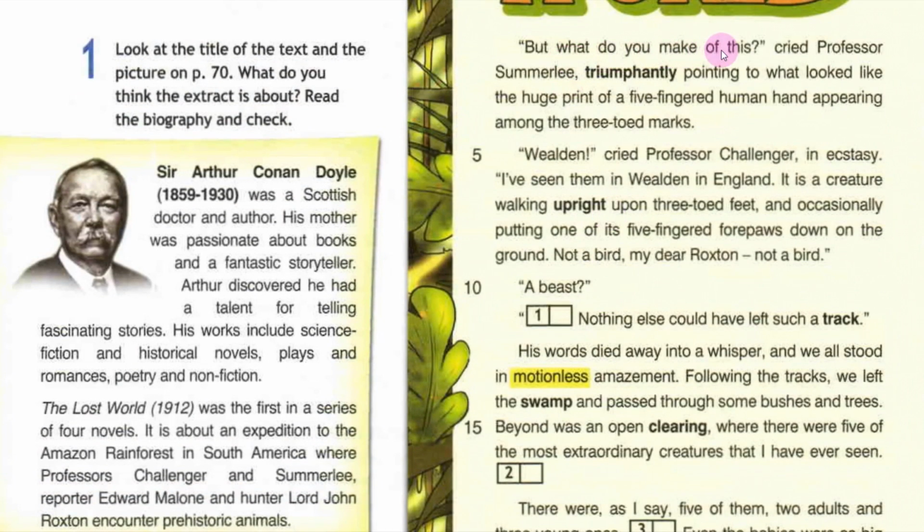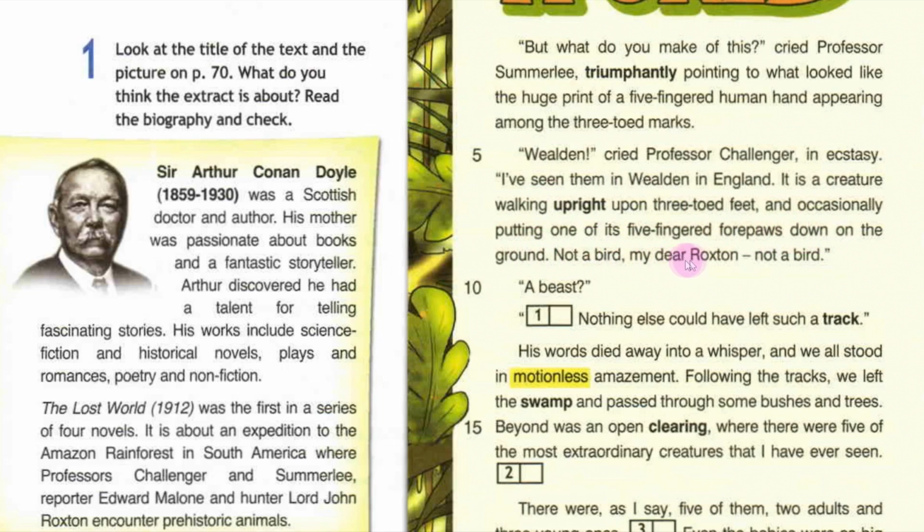But what do you make of these? Cried Professor Summerlee, triumphantly pointing to what looked like the huge print of a 5-fingered human hand appearing among the 3-toed marks. Wilden, cried Professor Challenger in ecstasy. I've seen them in Wilden in England. It's a creature walking upright upon 3-toed feet, and occasionally putting one of its 5-fingered forepaws down on the ground.